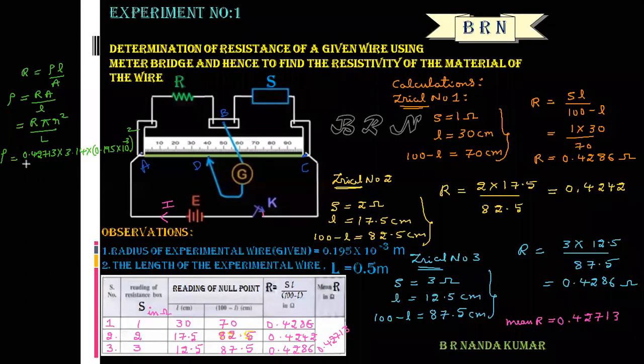Okay. So, divided by the length of the experimental wire, that is 0.5.